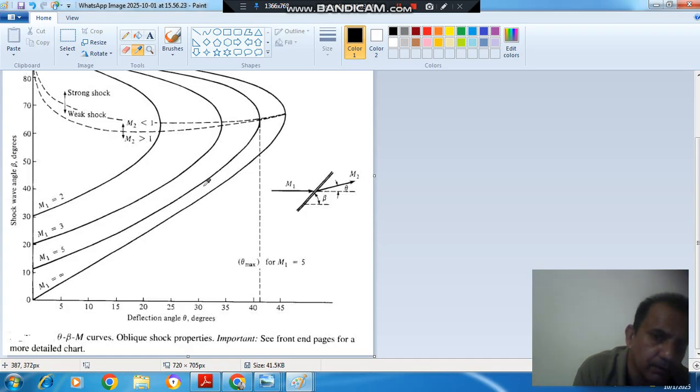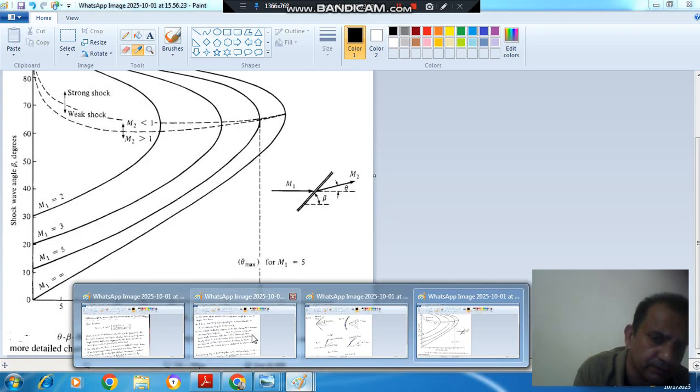But in the case of the strong solution, this is supersonic and this will be subsonic. Huge difference. That's why it is a strong shock. So nature prefers the weak solution, and this weak solution can be changed to the strong solution if we adjust the back pressure. So these 2 points we have discussed.